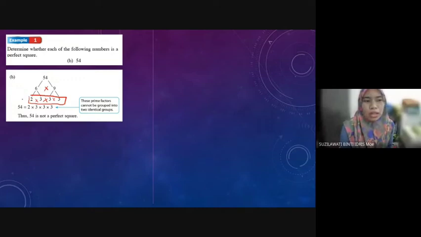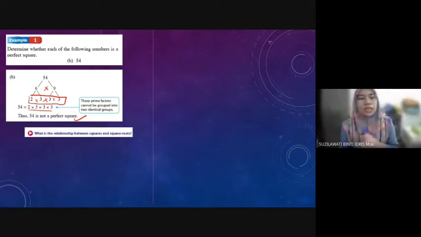There is one number 2 and three number 3s. So we cannot group these prime factors into two identical groups. Thus, 54 is not a perfect square. Yes, betul. By the prime factorization method, we can prove that a number is not a perfect square when the prime factors cannot be grouped into two identical groups. Very good.